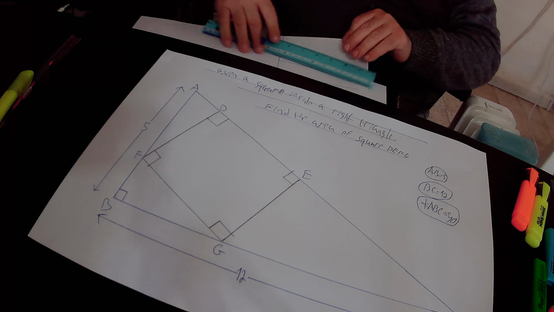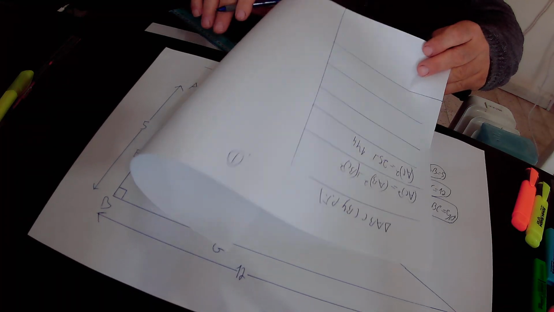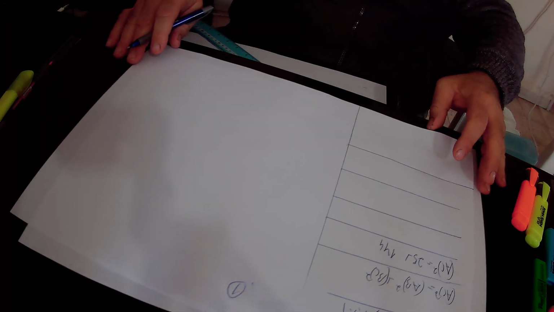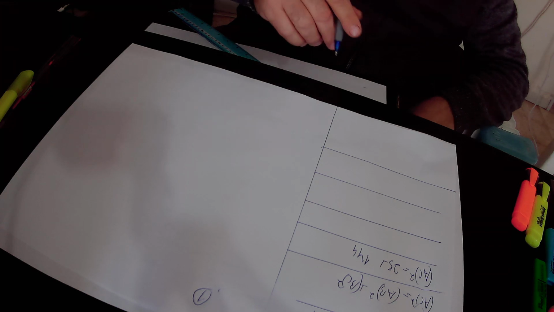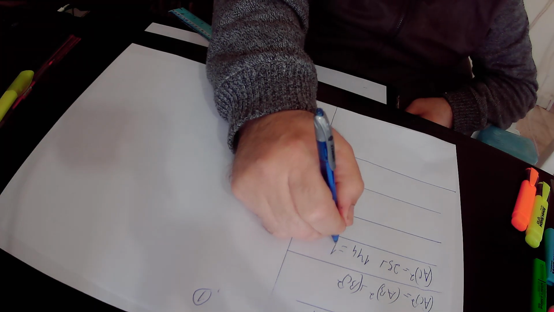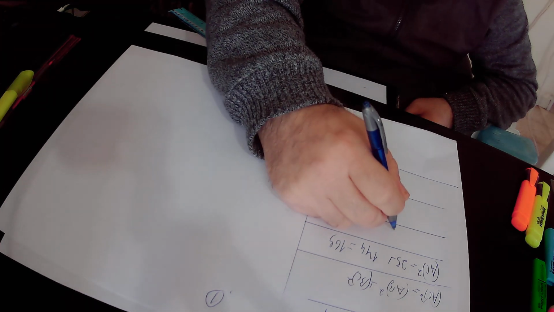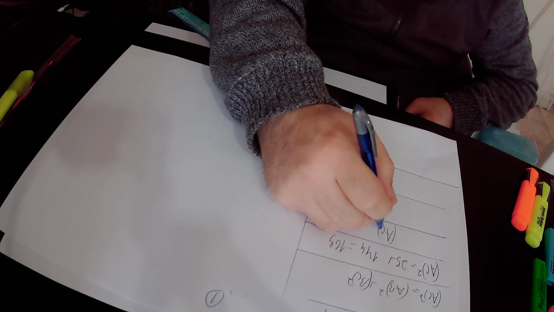In conclusion, AC squared equals 25 plus 144. 25 plus 144 is 169. So AC squared equals 169.